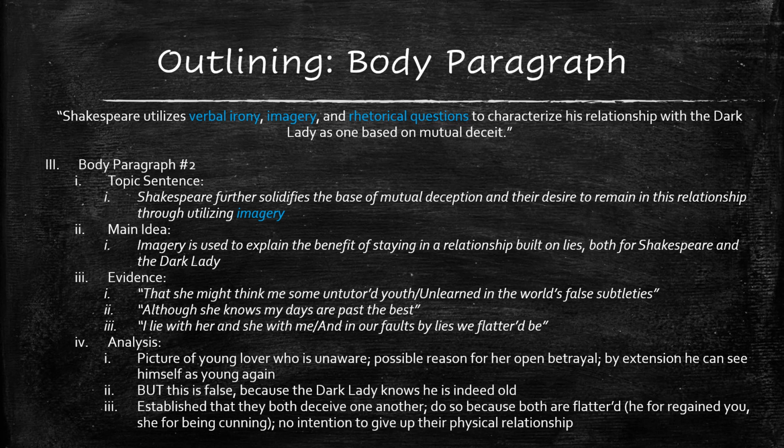And so I'm using imagery to show that they have established that they both deceive one another based around this point of pretending that he is some unlearned, untutored youth. And that they do so because they are both flattered, right? He for regaining his youth, and she for being able to be cunning, to deceive him, right? So I paint this image of mutual deception in that they both desire to remain with one another, at least for physical benefit.